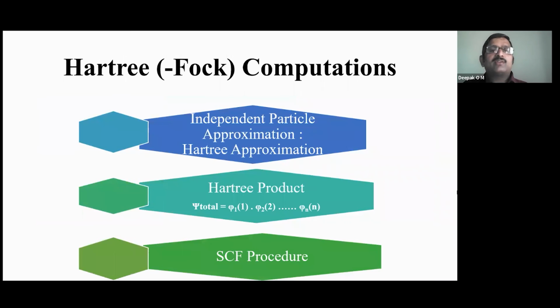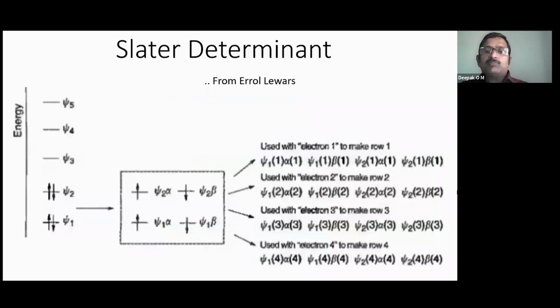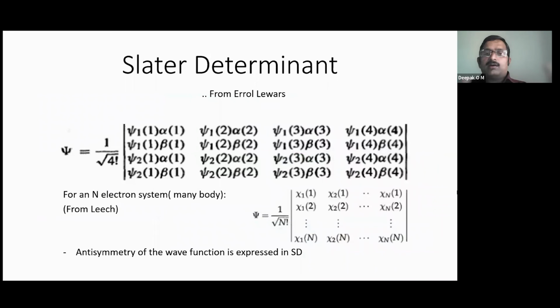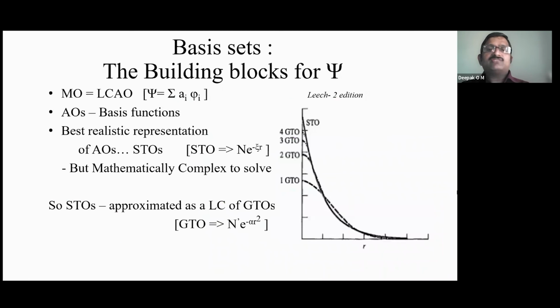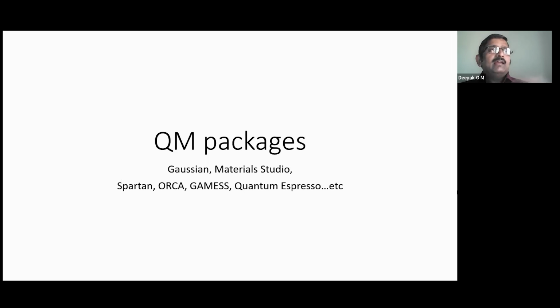Now coming to the next, Hartree-Fock computation. I don't go much into the details of this. Please understand that there are several methods of computation on which all these quantum mechanical calculations are based. A lot of mathematics is involved. Then basis sets, and certain quantum mechanical software packages are already available.